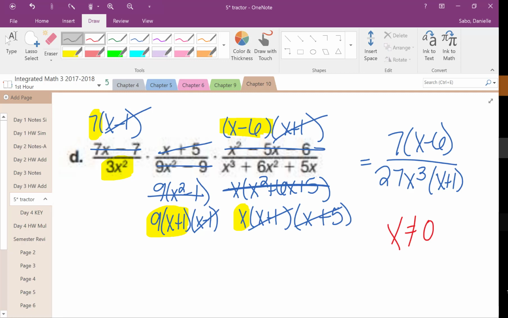What makes this piece equal to 0? Negative 1. What about this piece? Remember, just go in order. Positive 1. What about this piece? We already have it. Don't write it again. You can if you want. But what about this one? Already have it. What about this one? Negative 5.